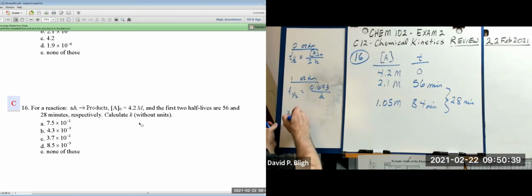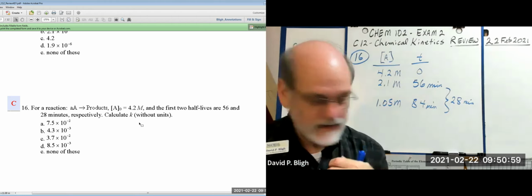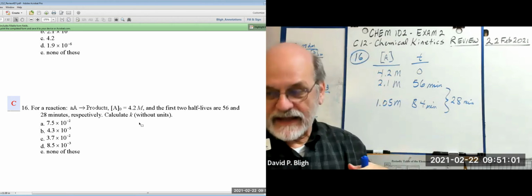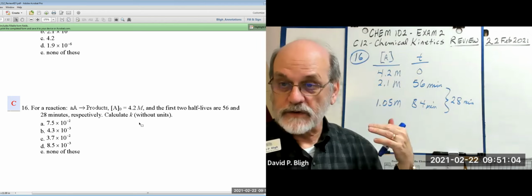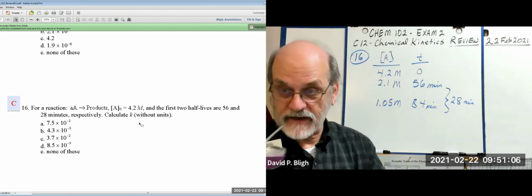And second order would be T1/2 is equal to 1 over K times A0. Okay. So if you can eliminate one of those, then it would simplify things, wouldn't it?